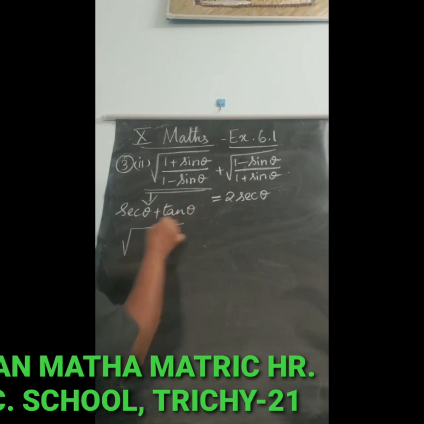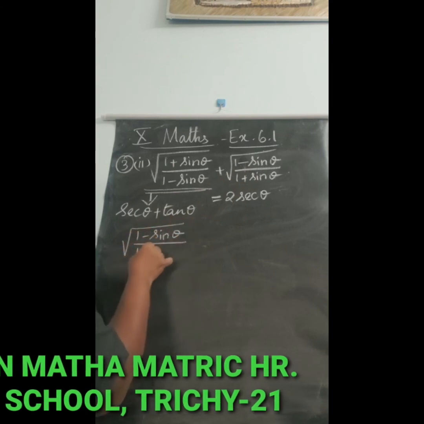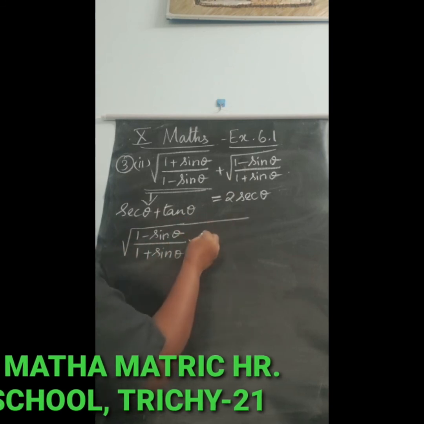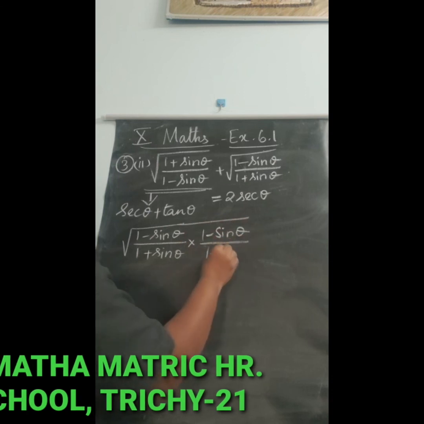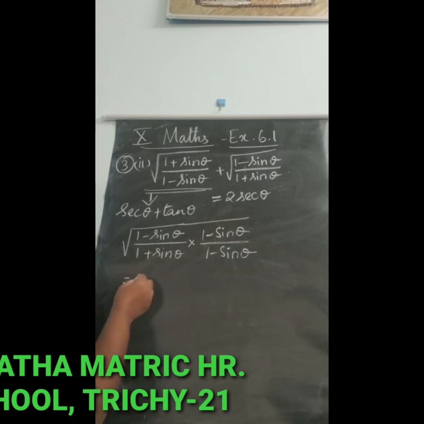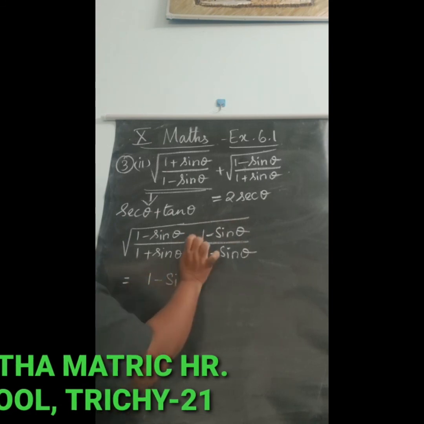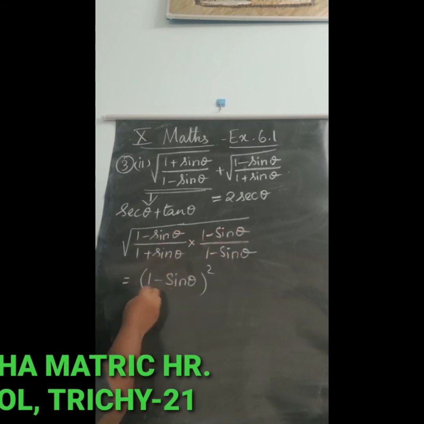So root of 1 minus sin theta divided by 1 plus sin theta. So you have to multiply and divide by the conjugate, 1 minus sin theta divided by 1 minus sin theta. So that is equal to 1 minus sin theta the whole square, because 1 minus sin theta, 1 minus sin theta.